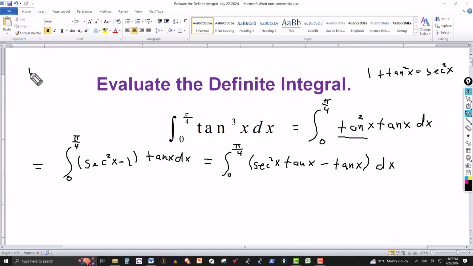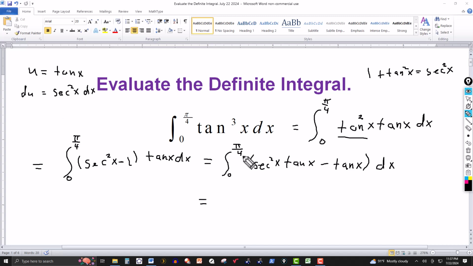So let's let u equal tangent of x, and then du is the derivative of tangent, secant squared of x dx. And then I'm going to work this out over here separately, and then put the answer down here.